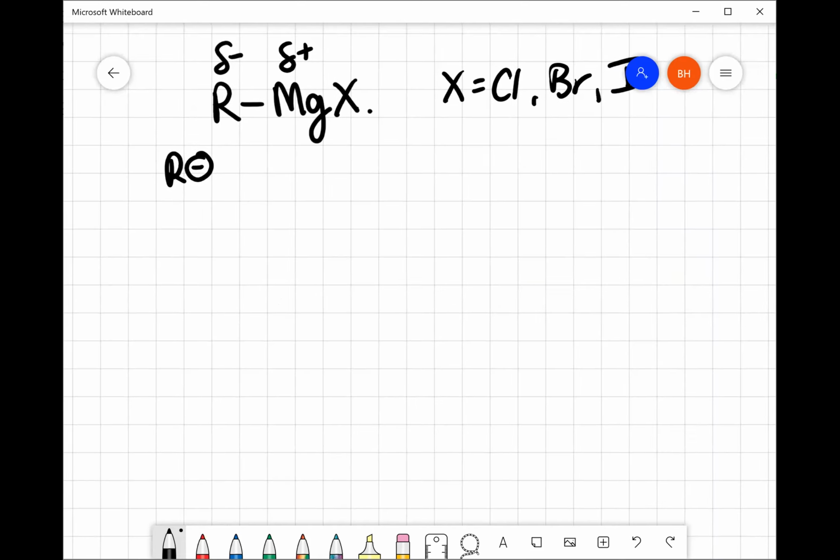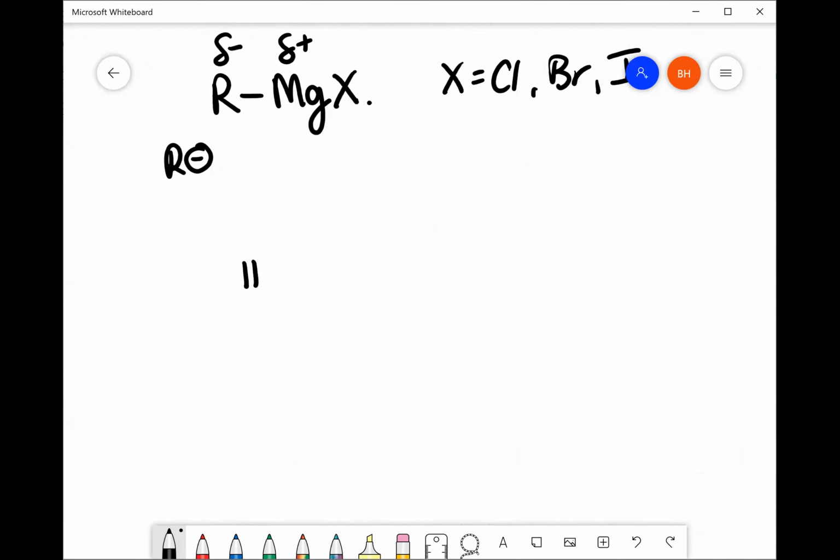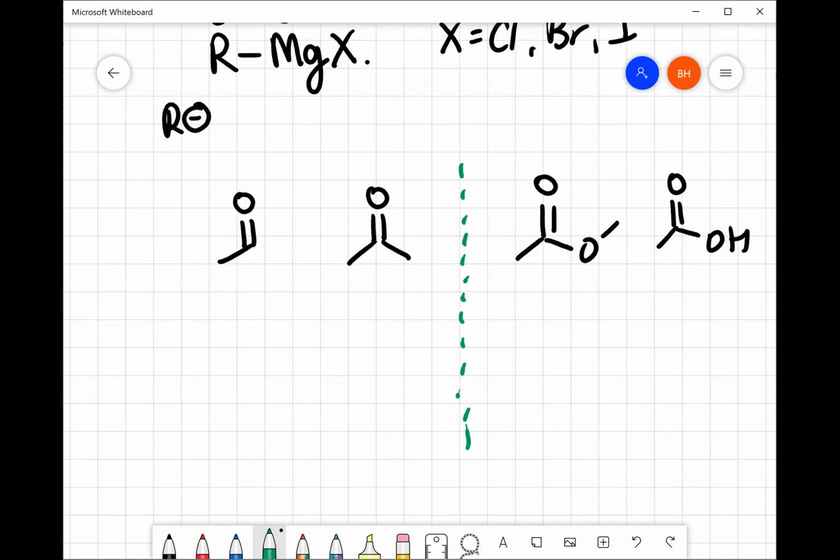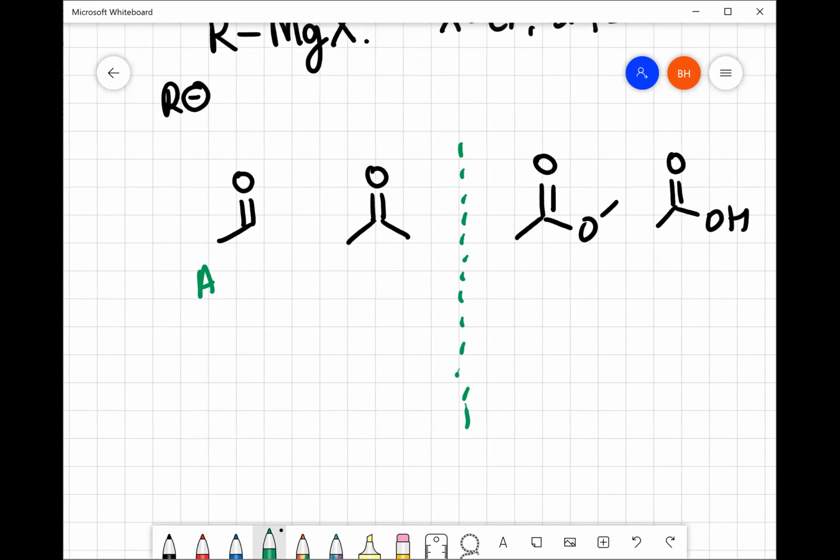So if we draw all of our little guys out again, I'll draw the acid as well. You don't see that one as common. You've got to react it quite strongly with that.